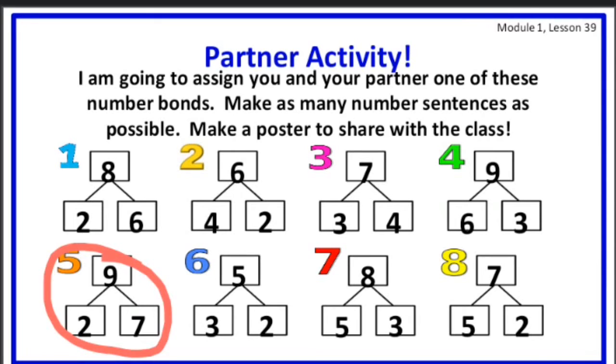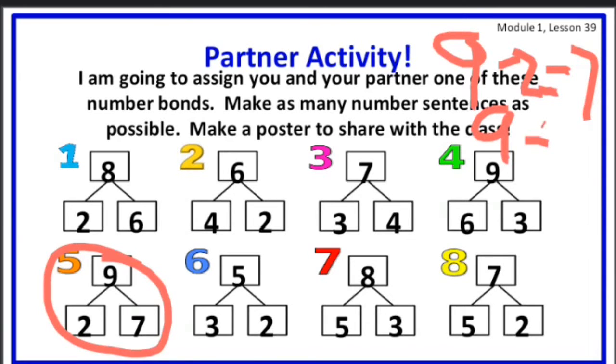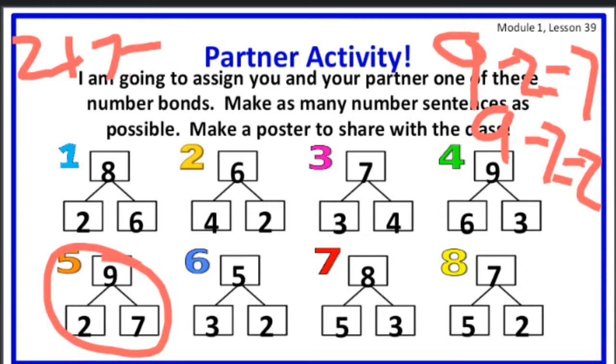So I can say 9, a subtraction sentence, yeah? So I can say 9 minus 2 equals 7. I can even say 9 minus 7 equals 2. Or I can even say 2 plus 7 will give us what? 9.